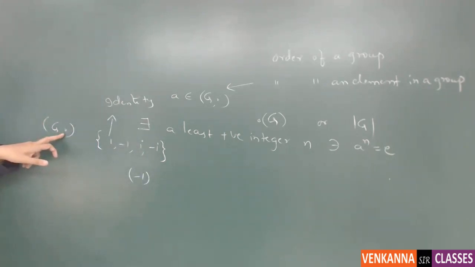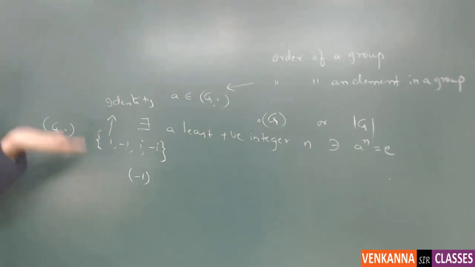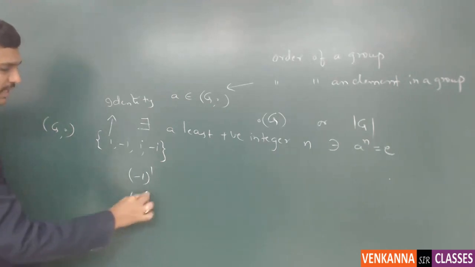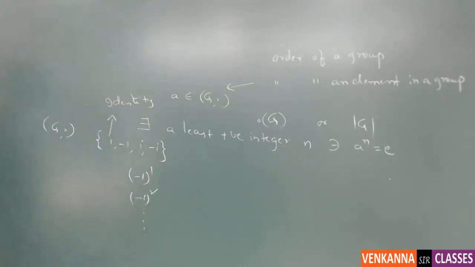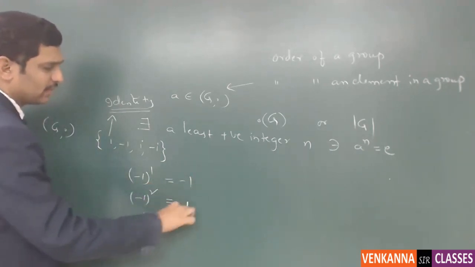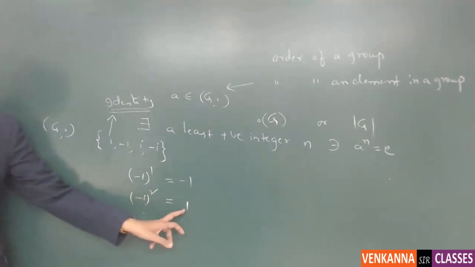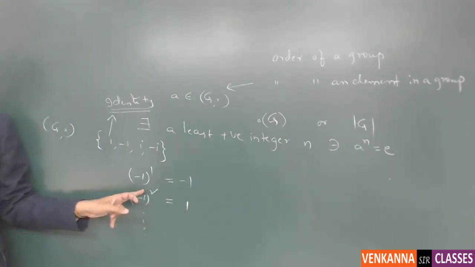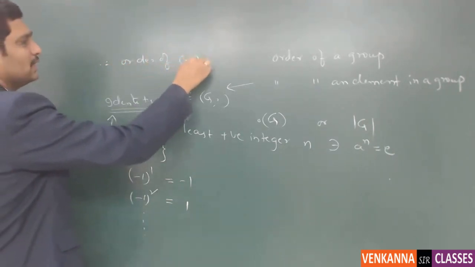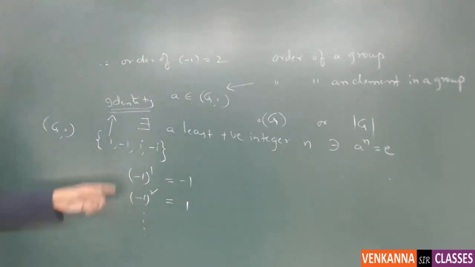Since the operation is multiplication here, you raise the powers: minus 1 to the power 1, minus 1 squared, and so on. While raising the powers, you should get the identity element. Here it is minus 1, here it is 1. So the identity element has come for the power 2. Therefore, order of minus 1 is equal to 2. Did you get it?